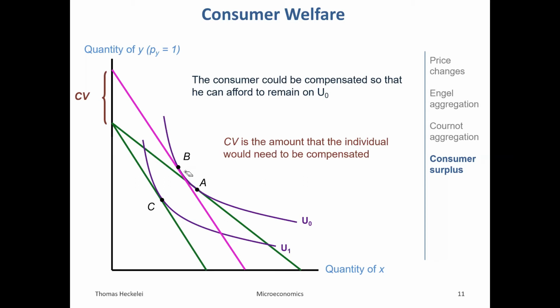An important point to note: though he or she is kept at the same utility level as before, the optimum point moves from A to B. Why? Because of the substitution effect. Or more technically, because when the price of one good changes but the other remains the same, the slope of the budget line changes. Remember, so the tangent point with the indifference curve has to change also. That's the reason.